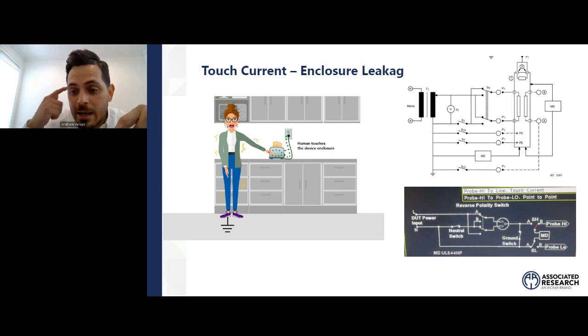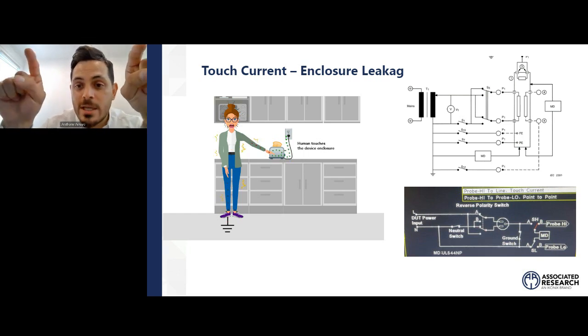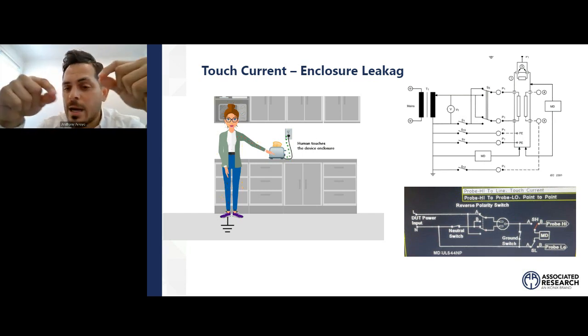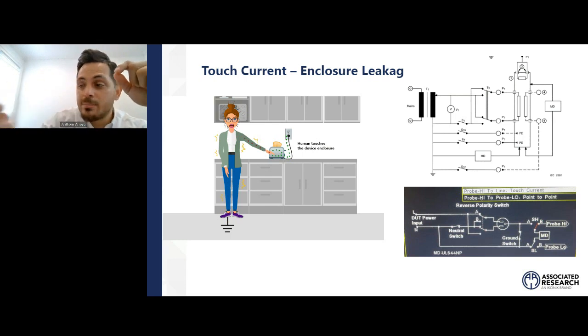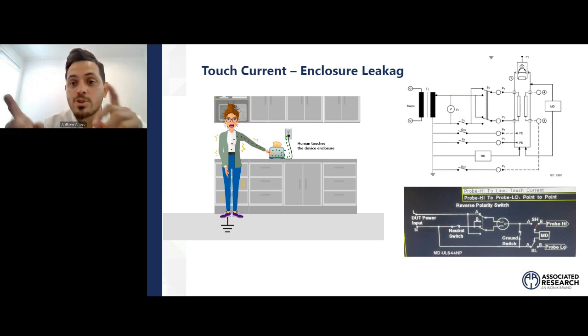I'm sending this probe high to a scanner channel, and I'm sending the enclosure point to a different scanner channel and shorting those with our software. This way, operators don't need to be taking probe high directly to the DUT. No, because I might need that probe high later. So why am I going to commit it to one point? I can take it to a scanner and at different test steps, short it to different points. That's the beauty of the MedTEST system.